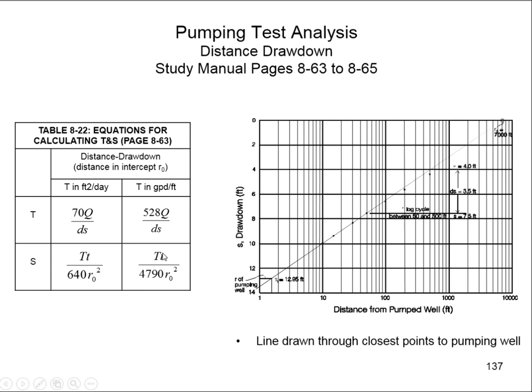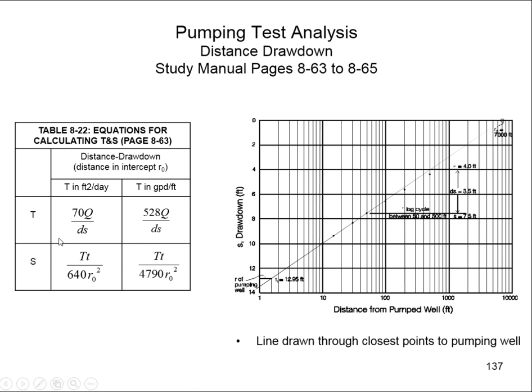Time is the time when we measure. And the points that are farthest away in distance now are the least favorable to use to draw the straight line, because why? There's boundary conditions, there's other pumping wells, other things going on that can change where these points fall.